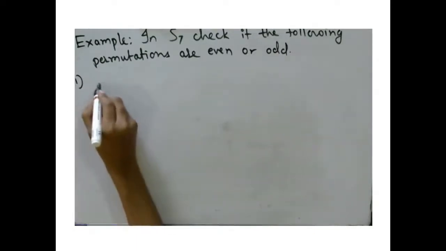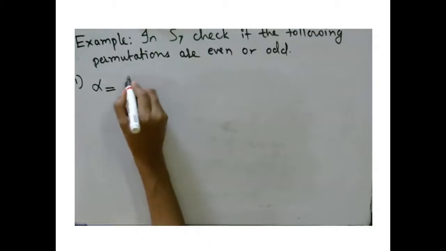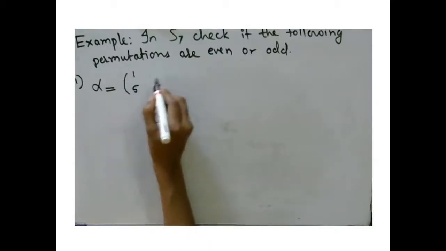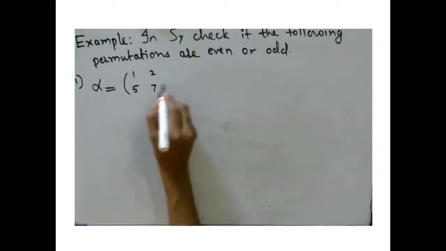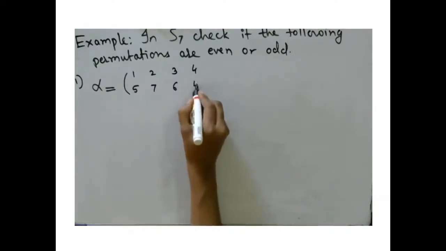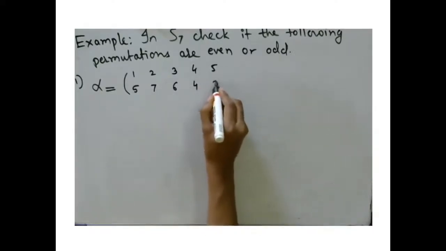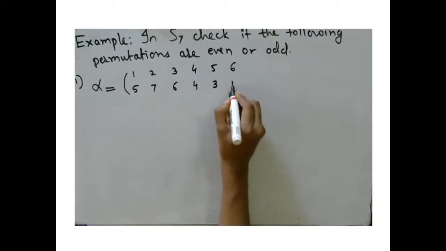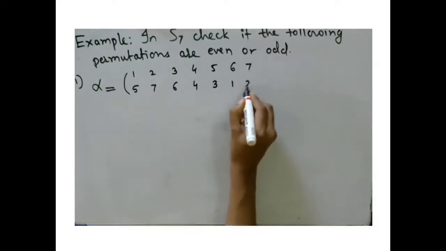So let us see the first permutation alpha, which is given by 1 mapping to 5, 2 mapping to 7, 3 mapping to 6, 4 goes to itself, 5 goes to 3, 6 mapping to 1, 7 mapping to 2.